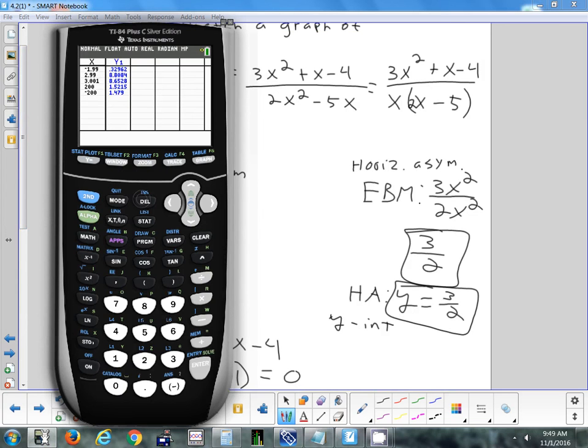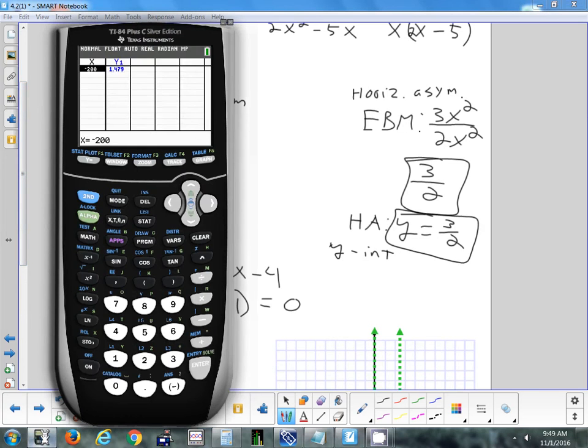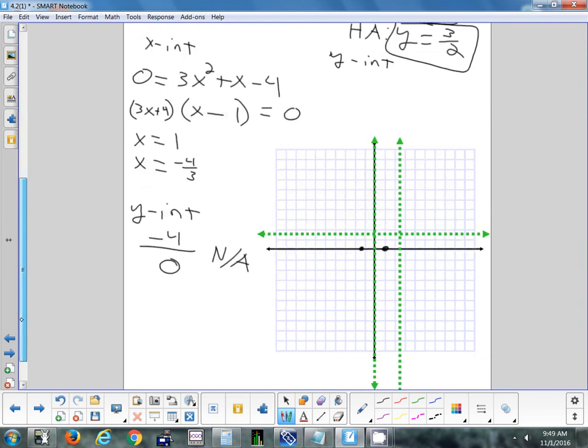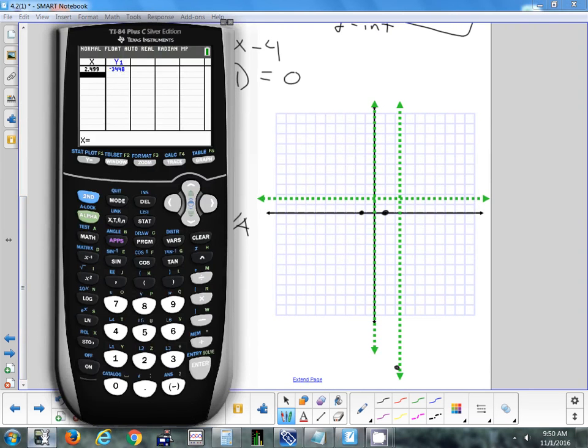What's a value? Let's look at my asymptotes. Just to the left of 2.5. 2.499, and we're at negative 3,000 something. So just to the left of 2.5, we are way down here. What's a value just after 2.5?